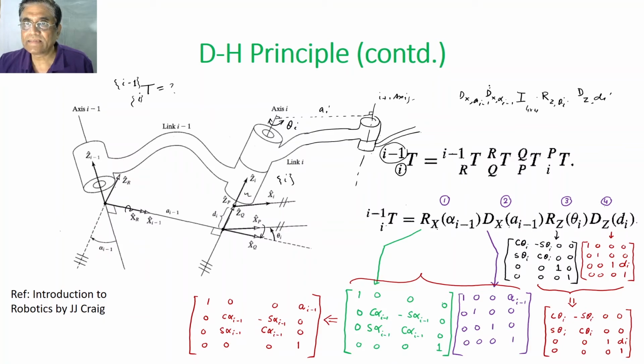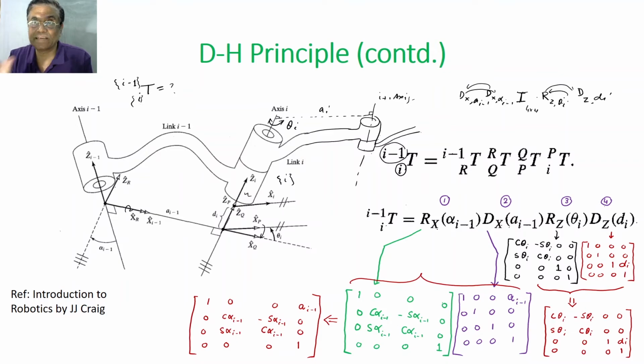This can come here, this can go there, this can come here, this can go there, but the operations whenever you are giving with respect to the ith coordinate frame will be post multiplied, and with respect to the I minus 1 coordinate frame will be pre multiplied. This we have proved.